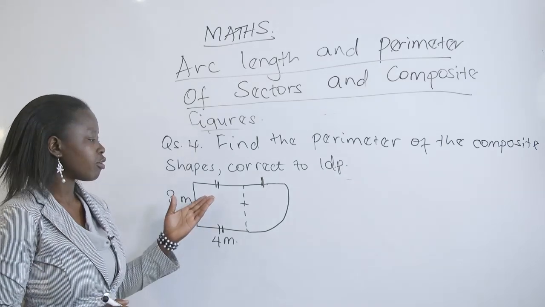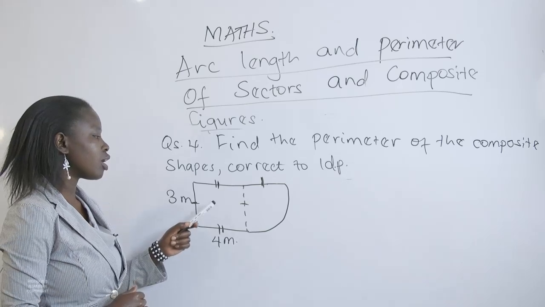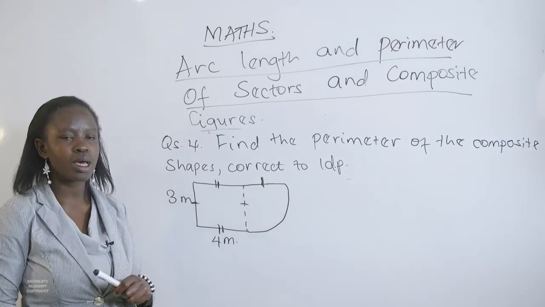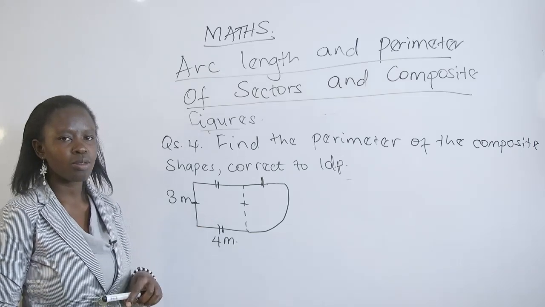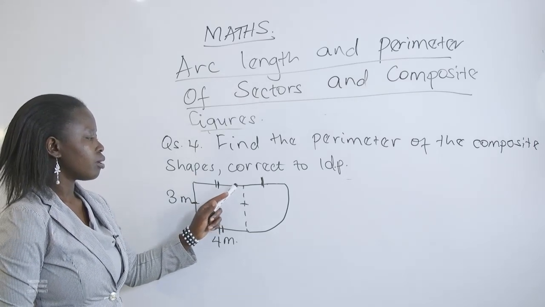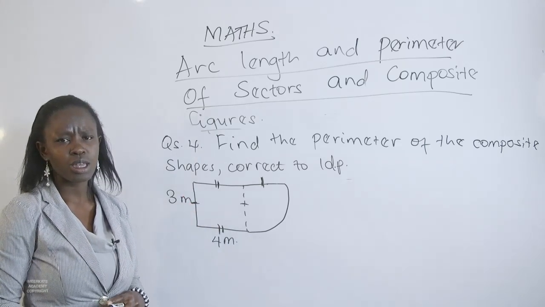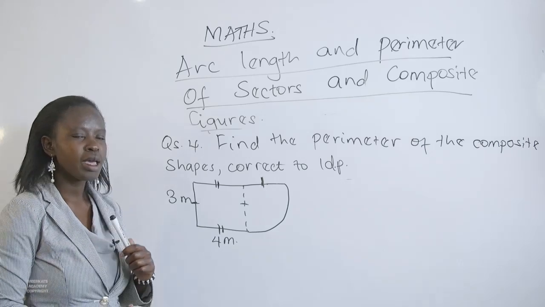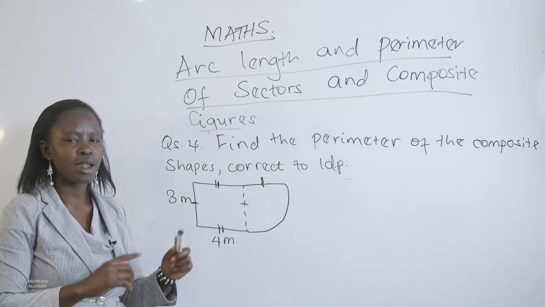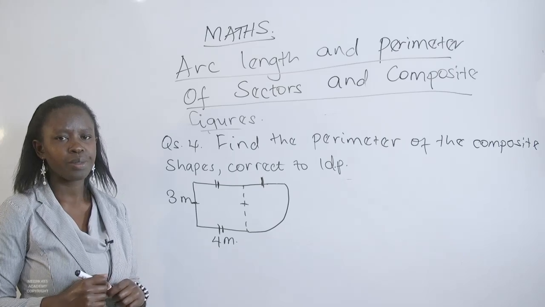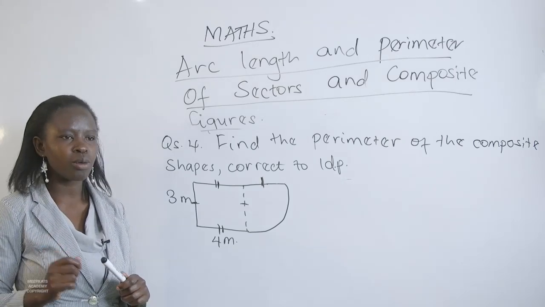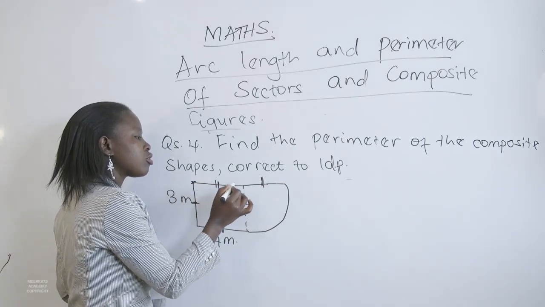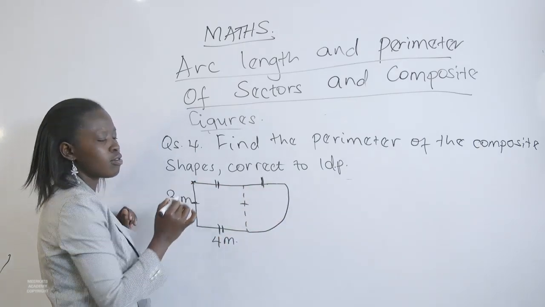I know some of us might be thinking that now that we have a rectangle, and we said that the perimeter of a rectangle is obtained by 2 times length plus width or breadth, a person might think of working it out using that formula. But what are we talking about? We said that perimeter is simply the distance around the figure. So if I'm starting at this point, I'm supposed to go round the given figure.